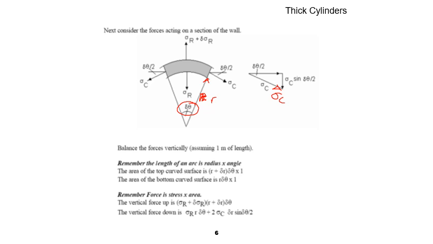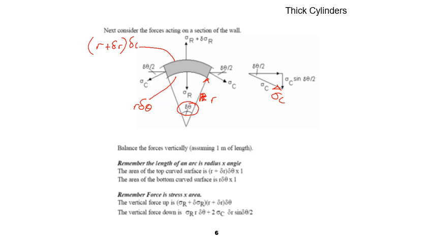If there is the internal radius, therefore the length of the arc is r del theta for this portion here. Whereas the length outside here is r plus del r, because that's the thickness, right?